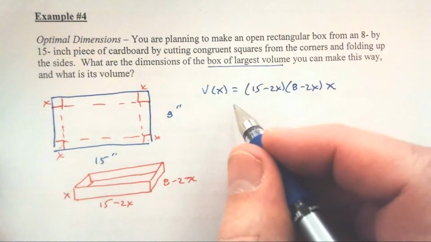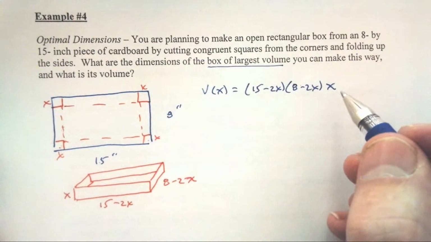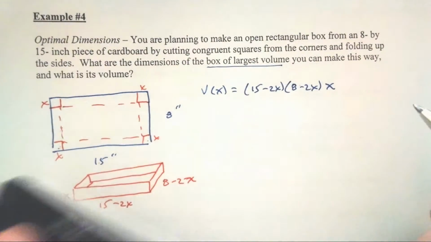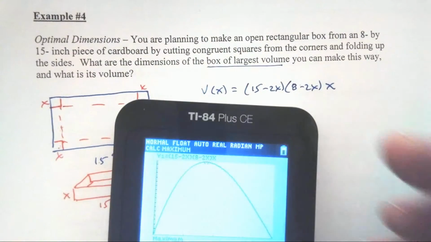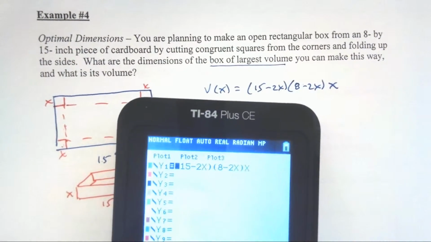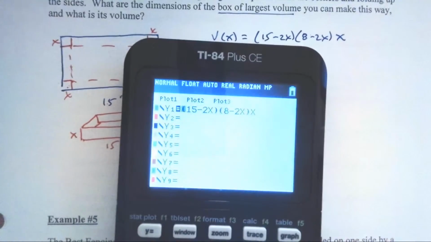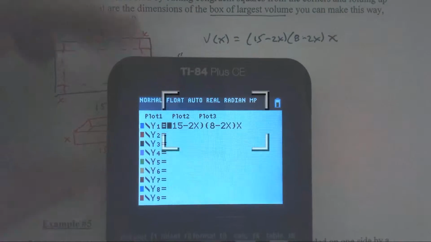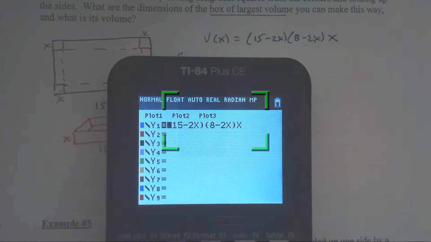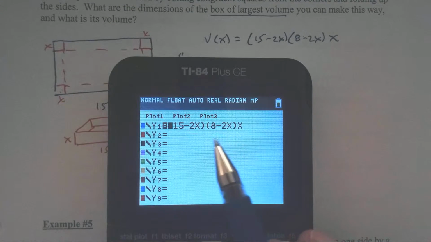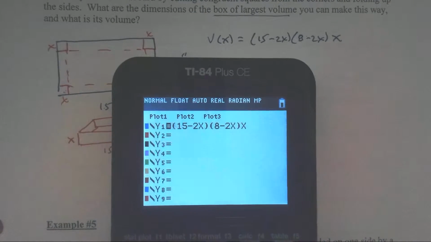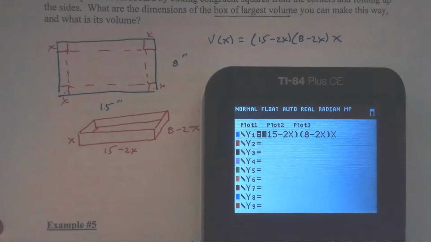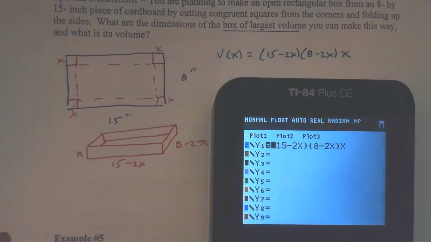What are the dimensions of the box of the largest volume based on how far we cut in, x? Let's go ahead and do this with our calculator. We can get a little anticipatory solution here. I've already got that plotted in. Let's make this a little bit easier to see, darken things up. And here's our function. One thing that's nice to do on real world problems, oftentimes the domain is implied.